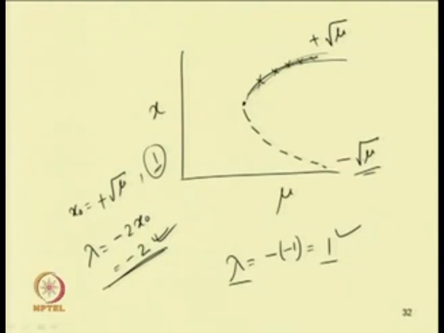Let us take one more example, in which we take x dot equal to mu x minus x square. For the equilibrium point, x dot becomes 0.